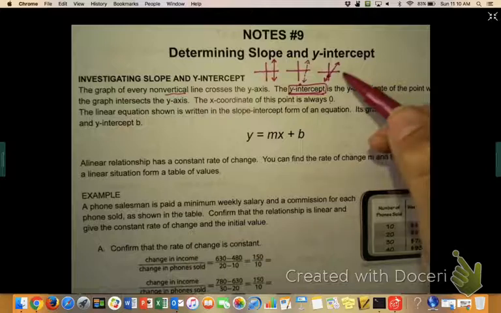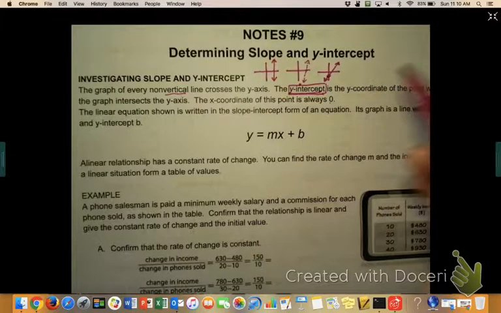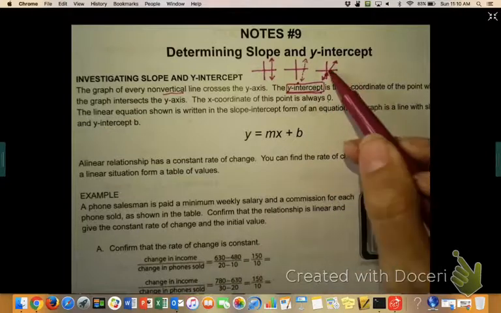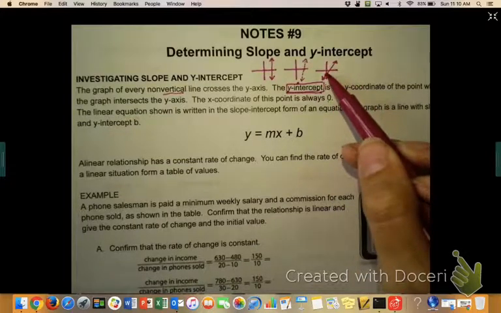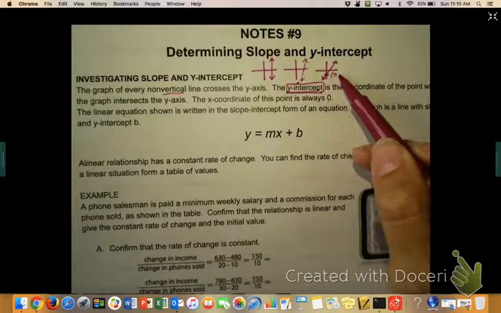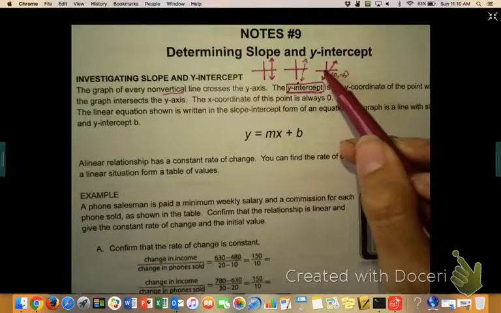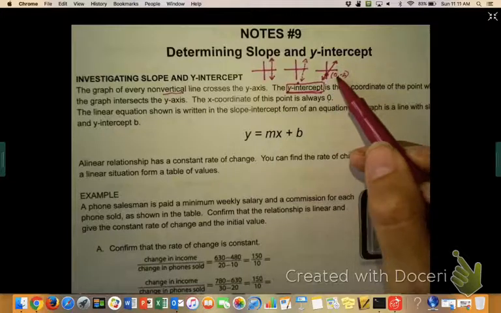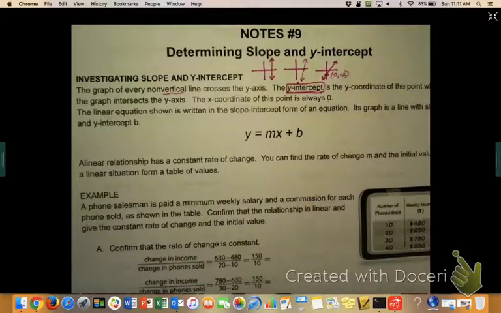So it would intercept my y-axis at -2, and the x-coordinate would be 0. It would be at (0, -2), because you'd go left or right 0, but down 2. So every time you're looking at the y-intercept, it is the point where your x-coordinate is 0. It's whatever your y-coordinate is.